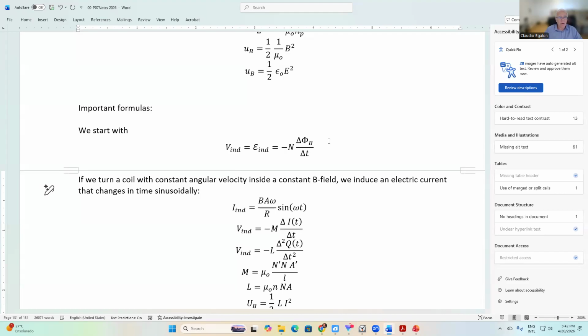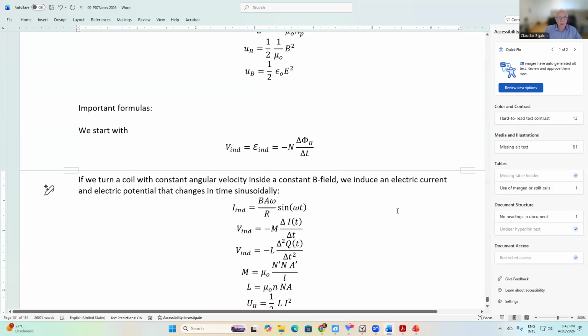Okay? Not just an electric current, but also an electric potential. And the electric potential changes sinusoidally.